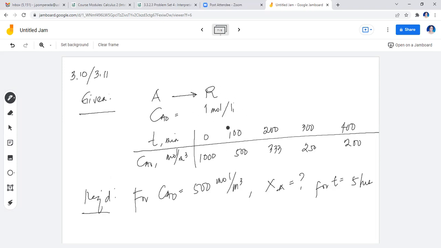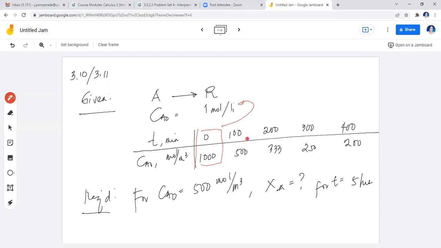You can check that: 1,000 mole per cubic meter is equivalent to 1 mole per liter. This pair refers to the initial concentration of A.